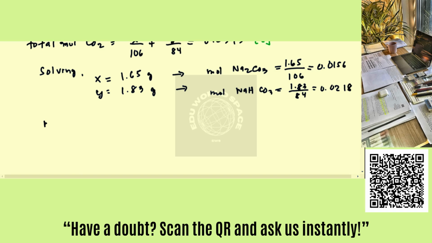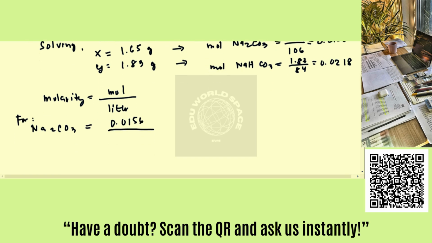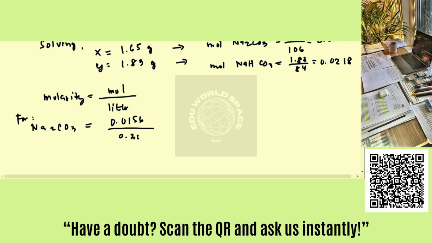So the concentration in terms of molarity, which we define as the moles per liter, for Na2CO3 is going to be 0.0156 over the volume in liters, which is 0.300, or 300 cm cubed. That gives us 0.052 molar.